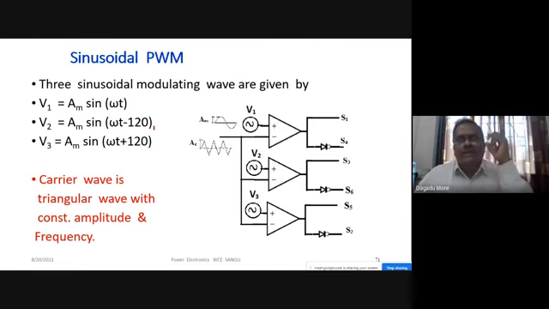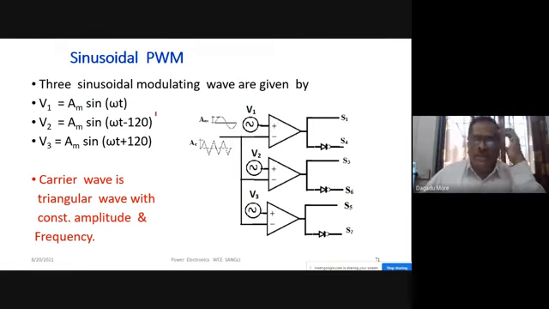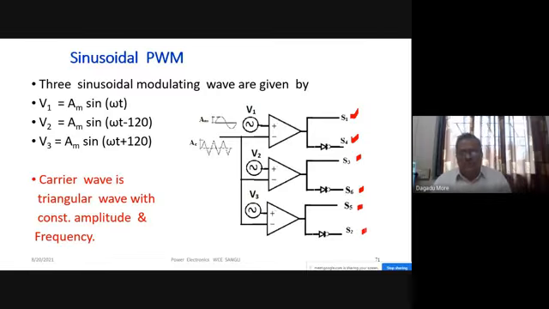This diagram indicates how we generate the switching signals for the 6 switches. We already know leg 1 has the switches S1 and S4, the second leg has S3 and S6, and the third leg has S5 and S2. So how many switching signals do we have to generate for the inverter?